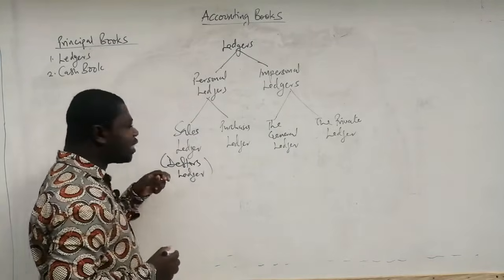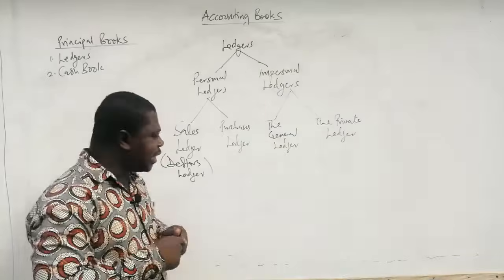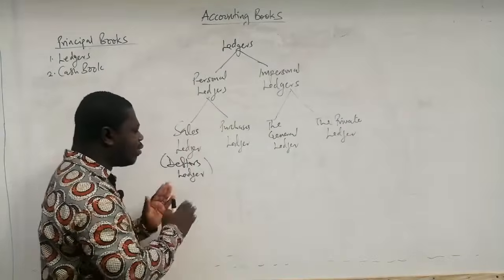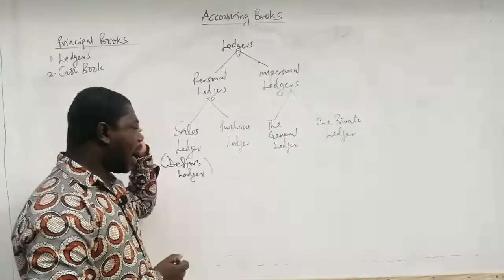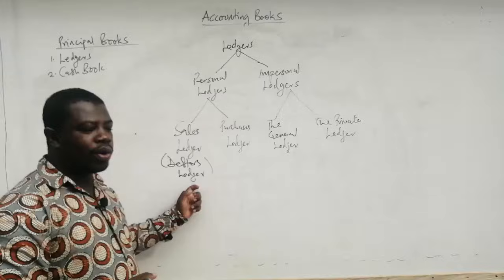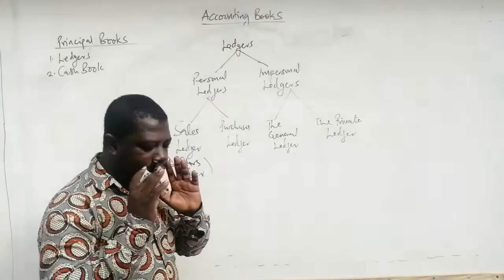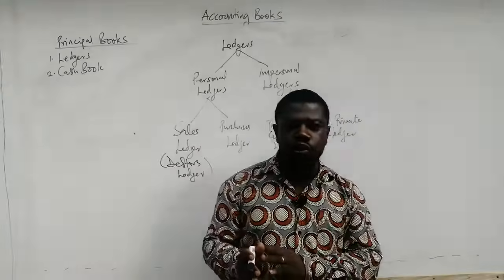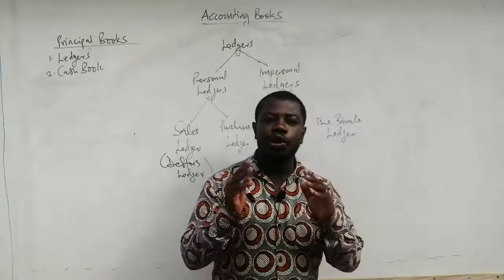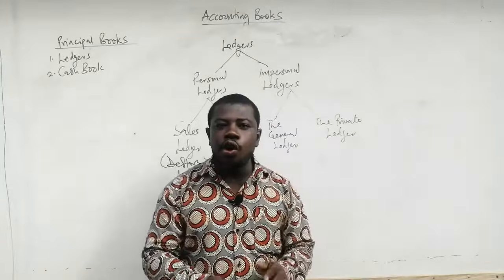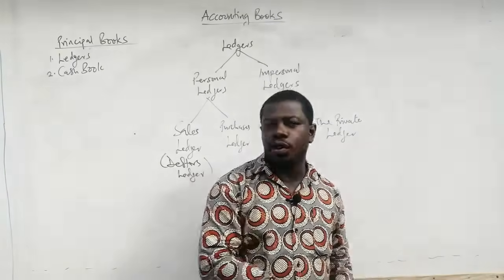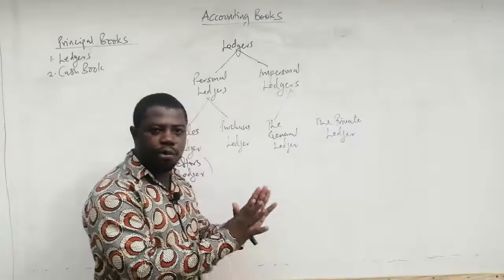And so when you see sales ledger, it means that every account in the sales ledger is a debtor's account. So this sales ledger records accounts of credit customers or debtors. I told you in our previous videos that we don't open accounts in our books for people we sell to by cash. We only open accounts for those we sell on credit, or we also buy from on credit.